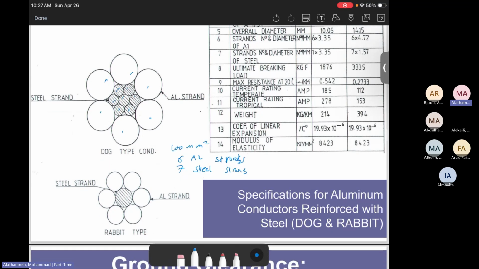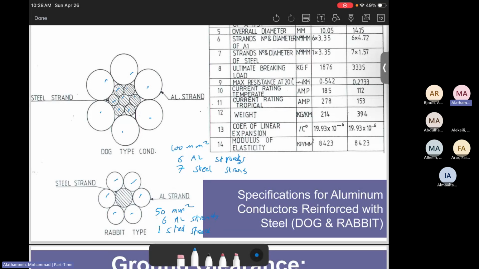However, the rabbit is made from 50 square millimeters and has 6 aluminum strands and 1 steel strand.